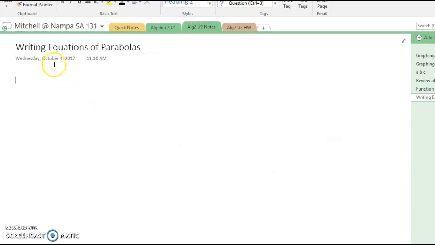So here is our writing equations of parabolas, and let's go ahead and write our wonderful essential question.